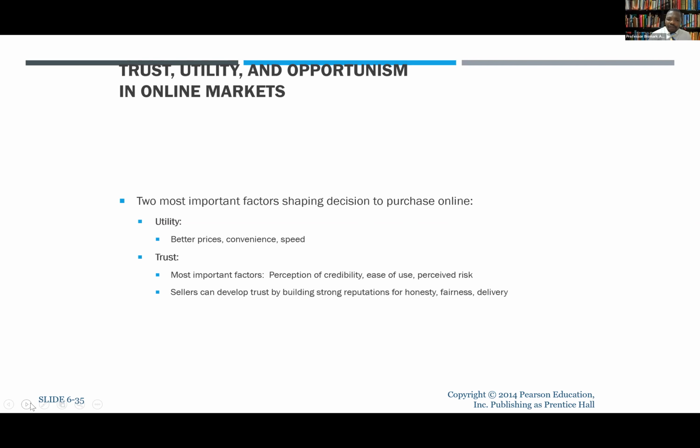The most important factor is the perception of credibility, ease of use, and perceived risk. Sellers can develop trust by building strong reputations for honesty, fairness, and diversity. So the emphasis on the brands that you have and the value that people associate with that particular brand is extremely important in assisting that.